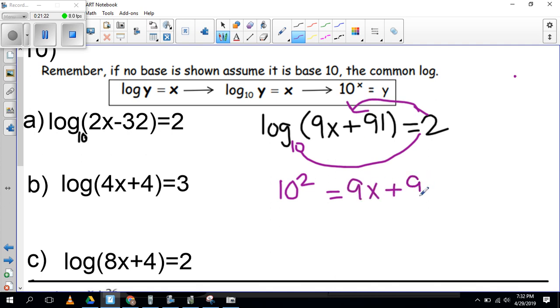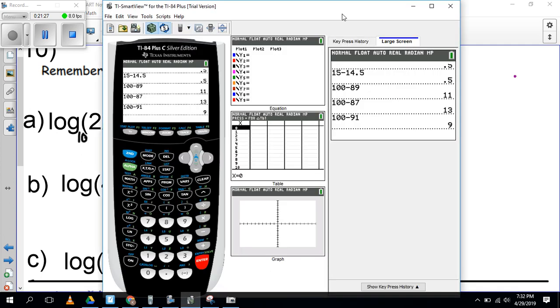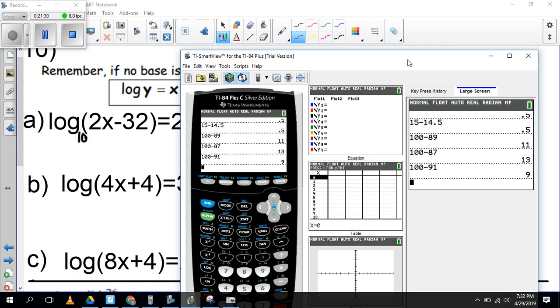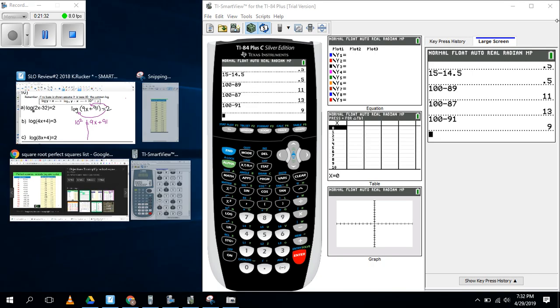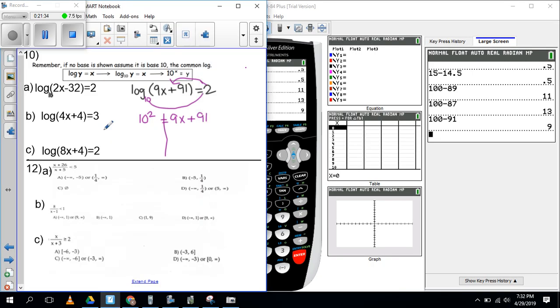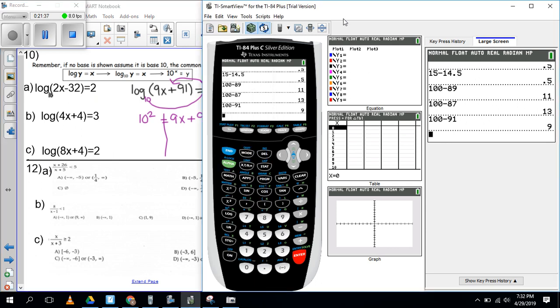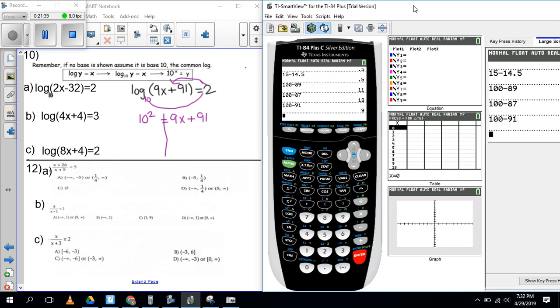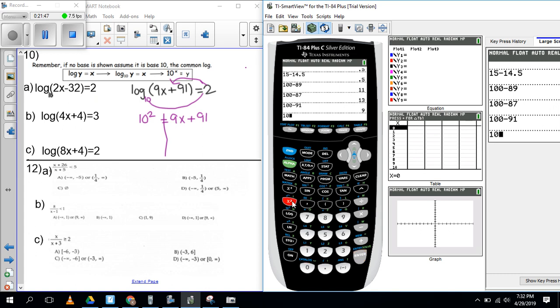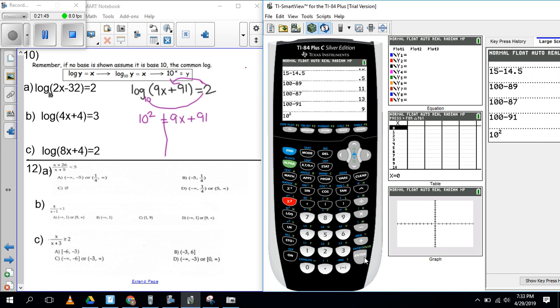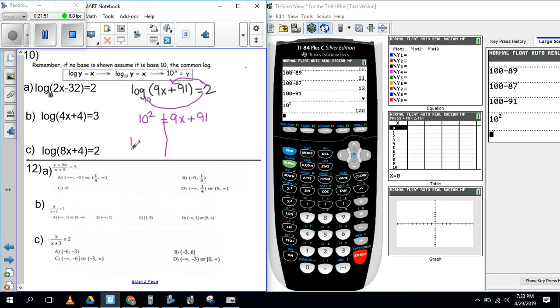So I draw my line through the equals, and I don't know which way y'all can see this. So what I'm going to do is do 10 squared. And that gives me 100. Equals 9x plus 91.